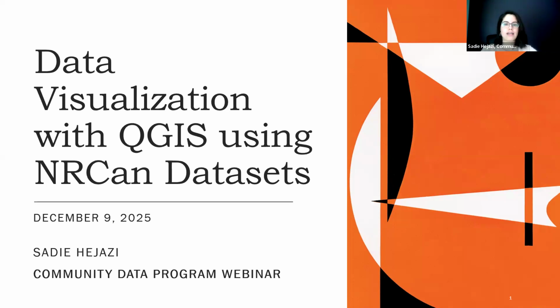So that's the purpose of the webinar, to show you two GIS platforms. In the first one, Graham shared with you what you can do with Esri ArcGIS using CDP data and how you can do it. He showed you all the components of preparing the data before importing it into ArcGIS, and also the ArcGIS software.